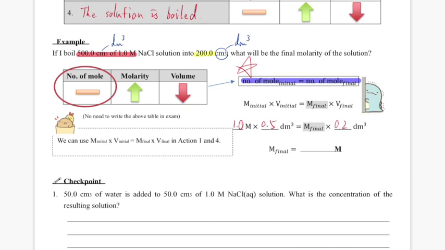By solving that equation, we will work out the molarity in the end will be 2.5 molar. So that's a simple way to calculate it. Of course you can do it stepwise: you can work out the number of mole and then divide by the volume, but it will be much quicker if you can memorize this key formula, this key equation.